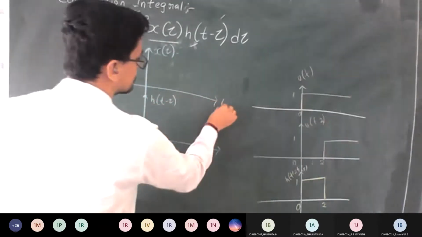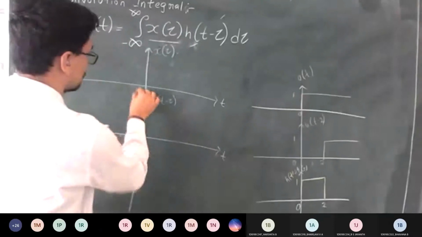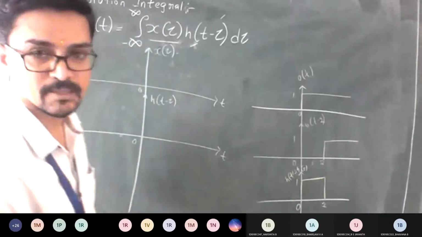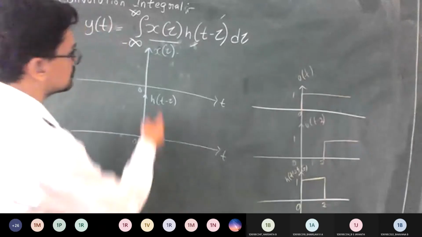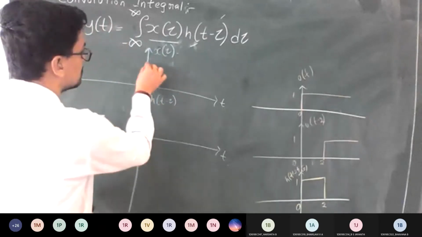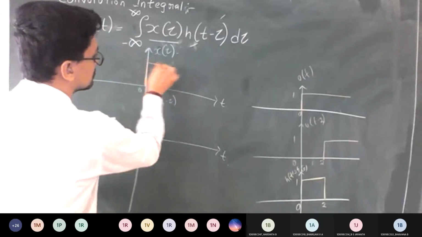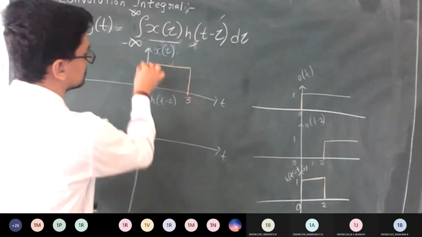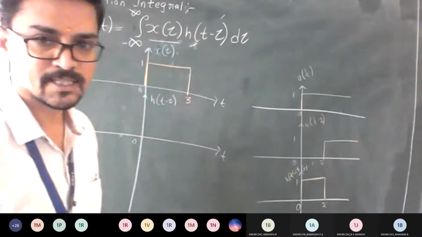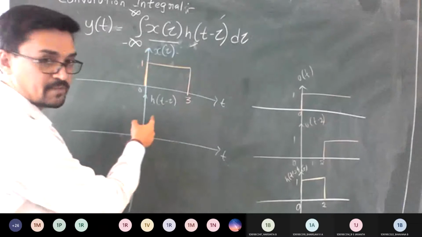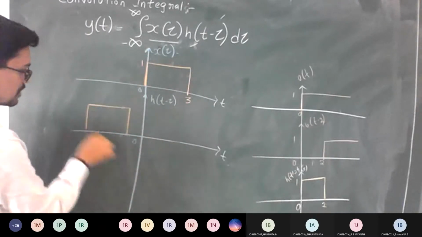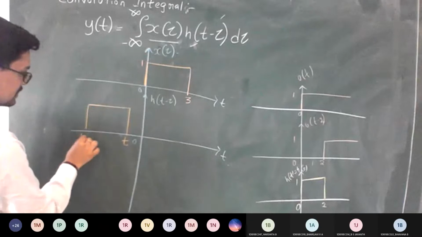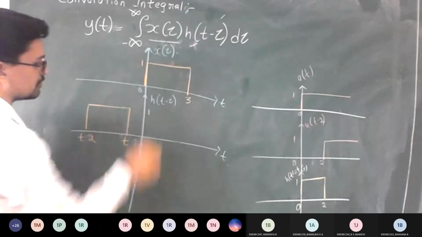See how the formula is the same way we are trying to get the waveform. Just look at this. So x of 2 is from 0 to 3, with an amplitude of 1. Similarly, h of t minus 2, which you just plotted, right? It was like this. It was varying from t to t minus 2 with an amplitude of 1.